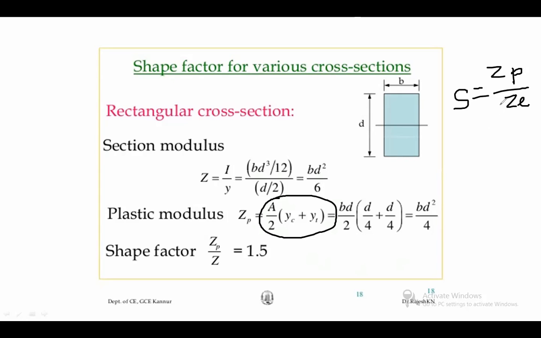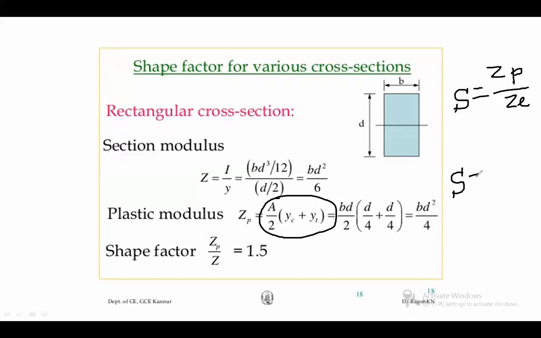First find out ZP, then ZE, then take the ratio and you get the shape factor, that is S. Shape factor depends upon the cross-sectional properties.